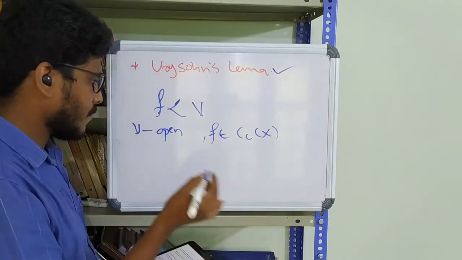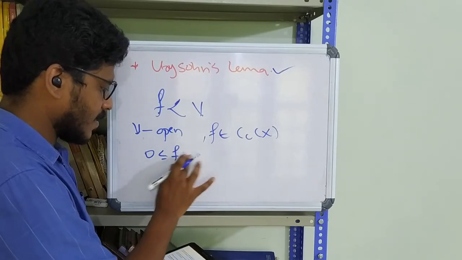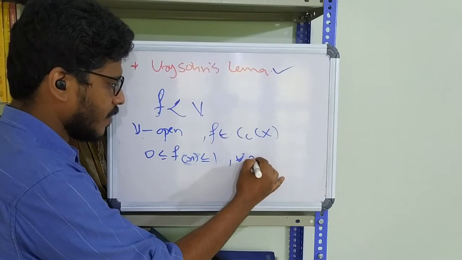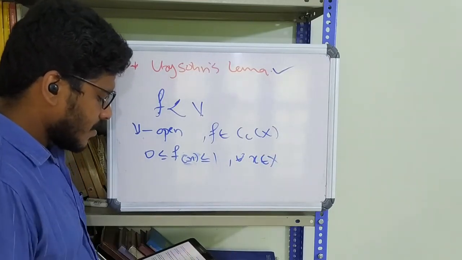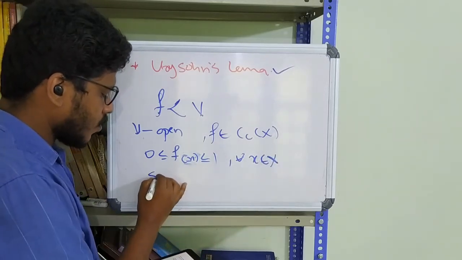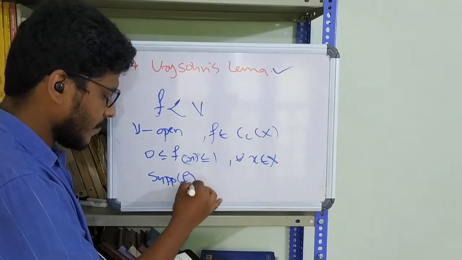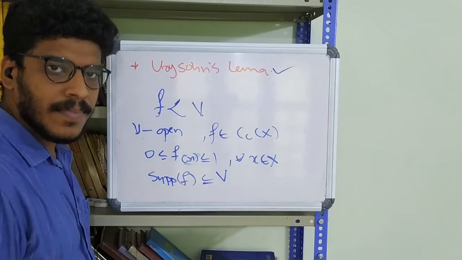and 0 less than or equal to f of x less than or equal to 1 for every x in X, and the support of f lies in V. Right.